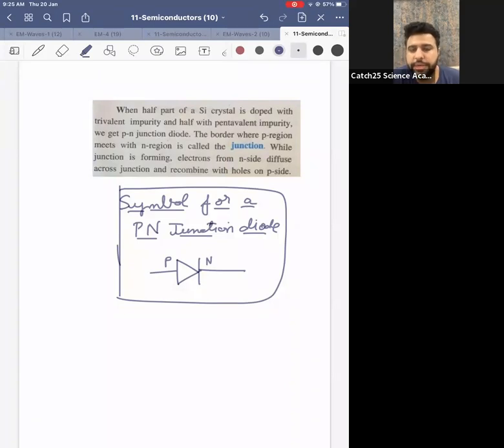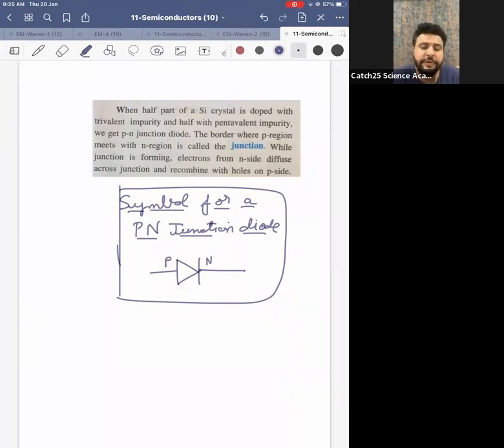When a diode is connected to an external power supply, it is called a biased diode.